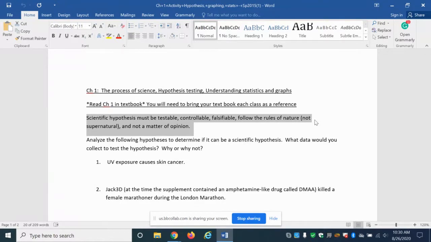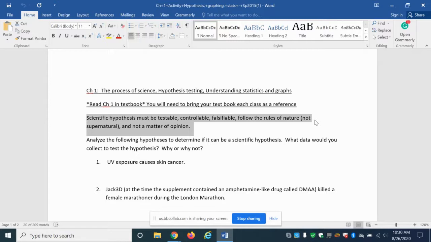So sometimes science can seem like it is saying one thing one day and another thing another day. So it's really about the specific testable conditions that are controllable in an experiment. And so we can say, yes, in this particular scenario, the data is either supporting or refuting the hypothesis.